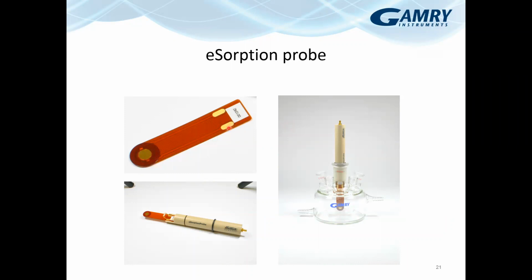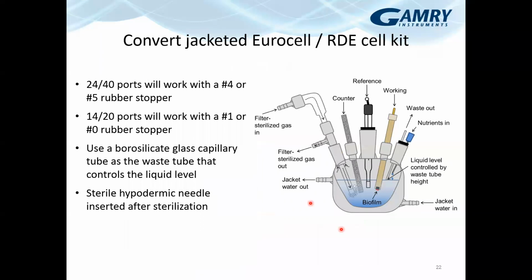And this sensor has two tabs that slide into the wand, and that wand fits very nicely into a jacketed 200 mL Euro cell that we provide. And the reason why it's useful is because you can convert this jacketed Euro cell or the RDE cell kit into basically a biofilm reactor.